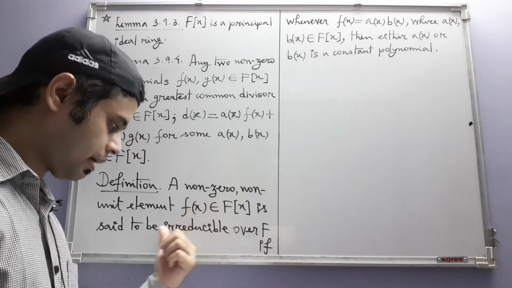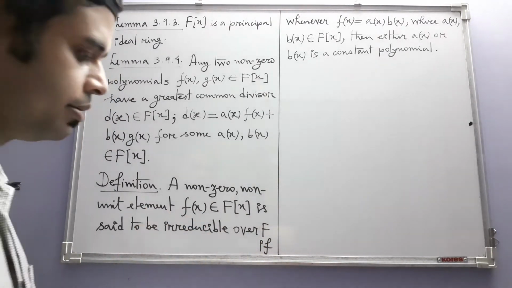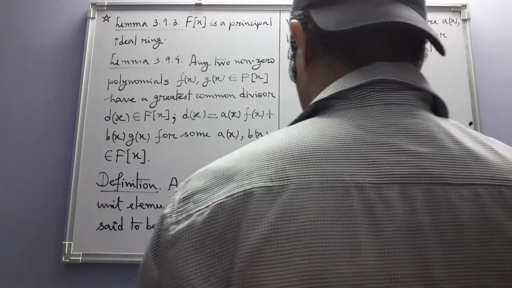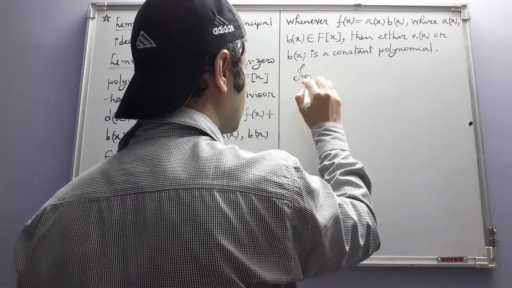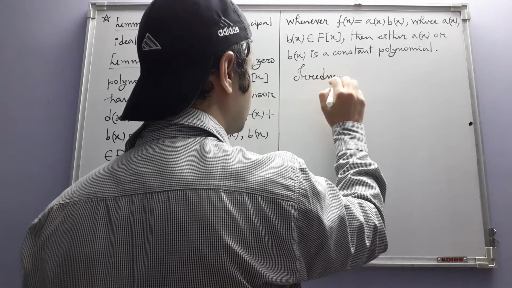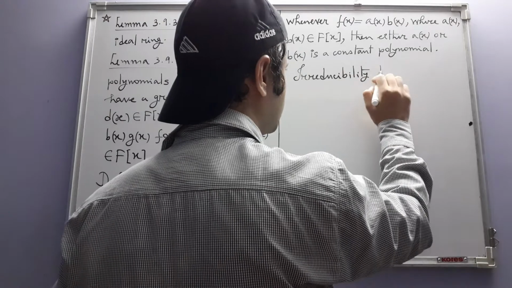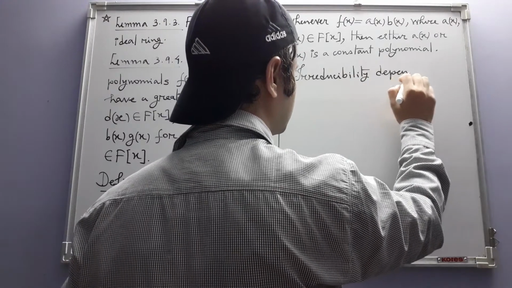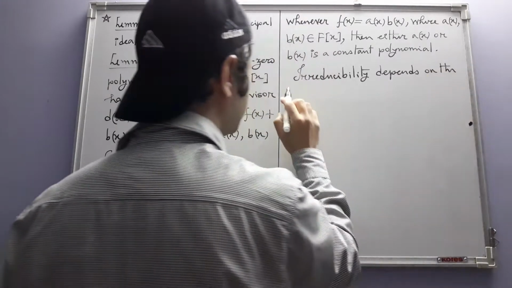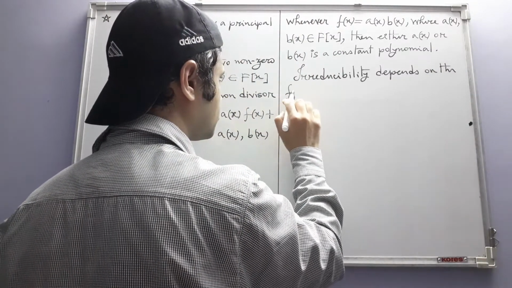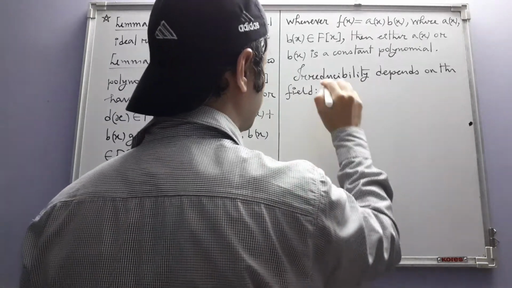The irreducibility of a polynomial depends on the underlying field. So here we are going to write: irreducibility depends on the field in this way.